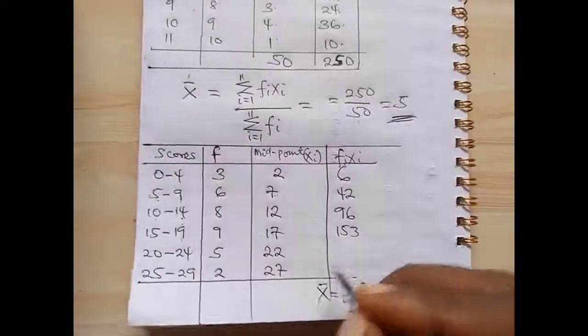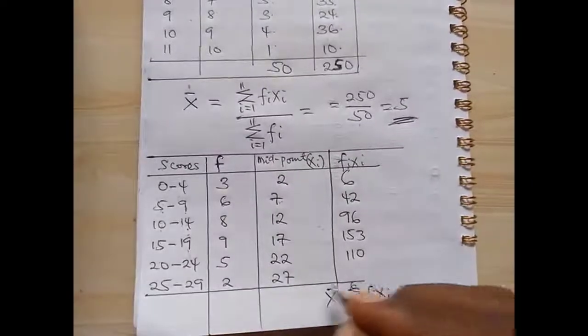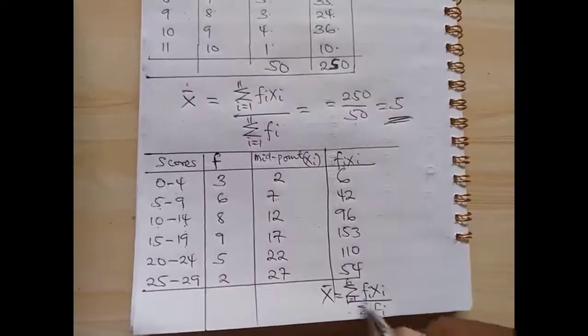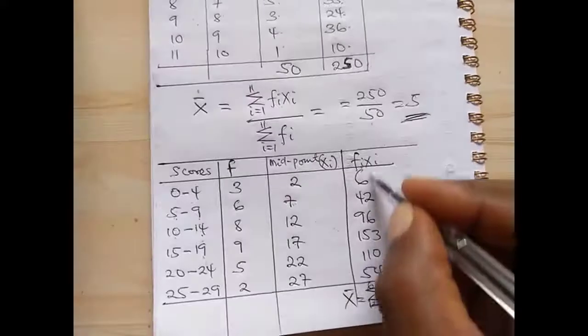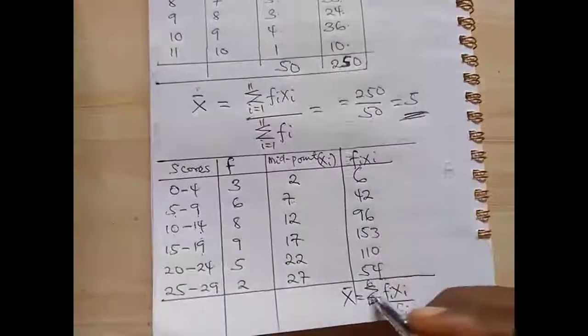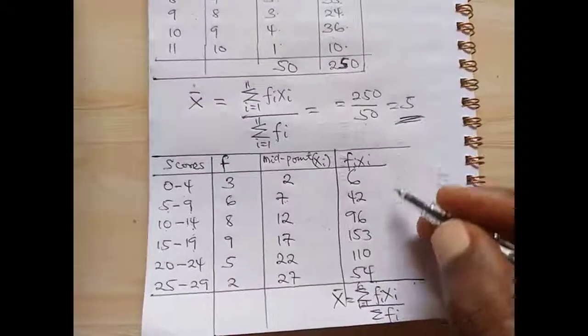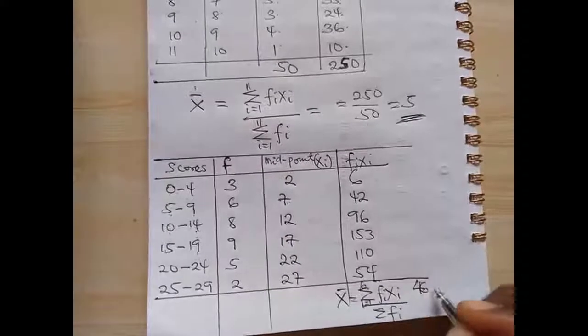This times this gives us 110. This times this gives us 54. Sorry for writing the formula here. We're supposed to write the summation under here. So let me just shift here. If we add all of them, we're going to get 461.